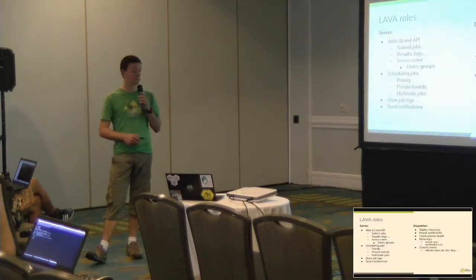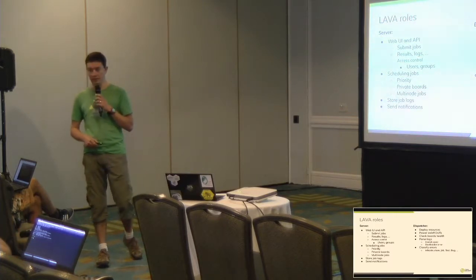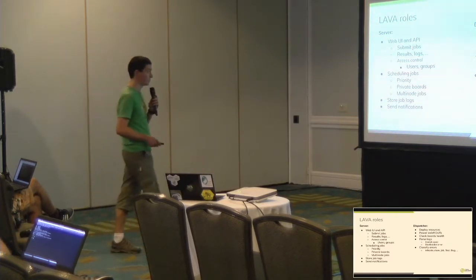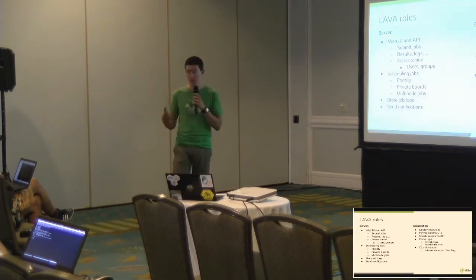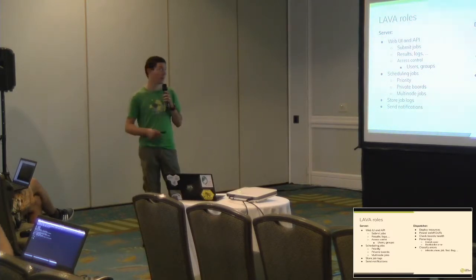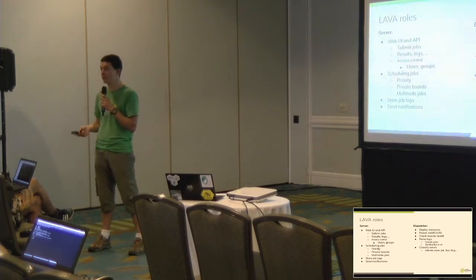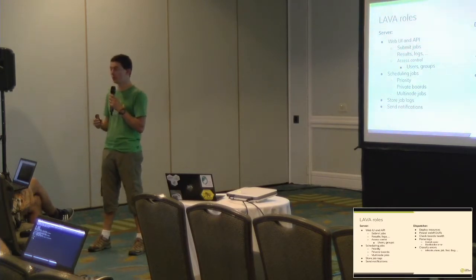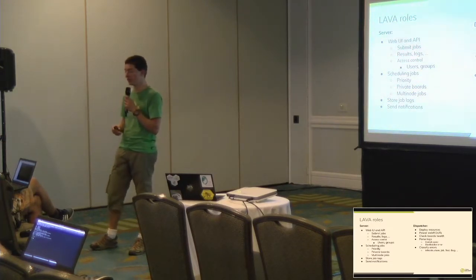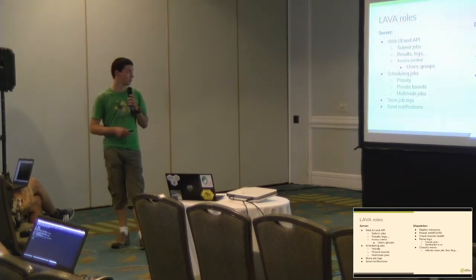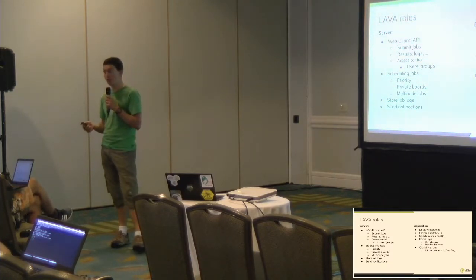So regarding the roles, as I said, the server is responsible for all the user interactions, so web UI, submitting jobs, looking at the results, looking at the logs, doing the user and group authentication. It is also responsible for scheduling the jobs.